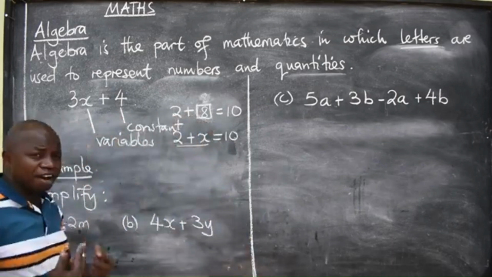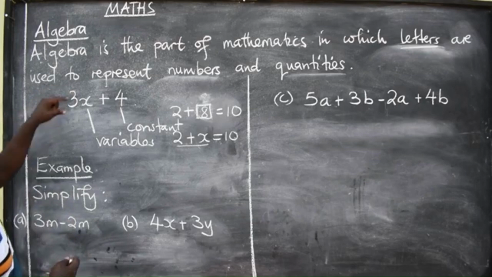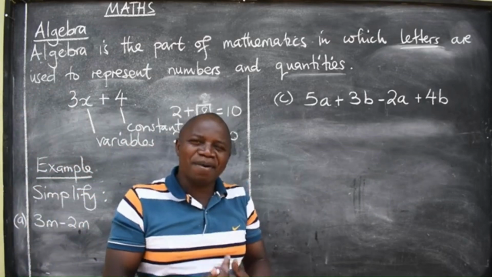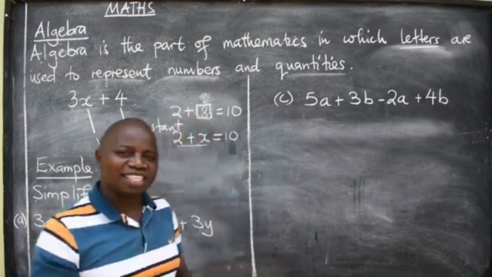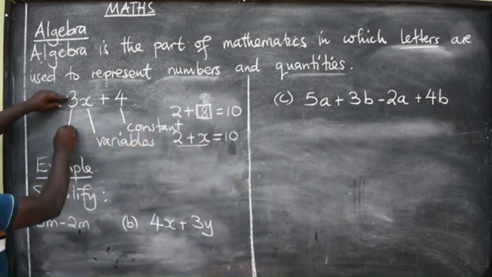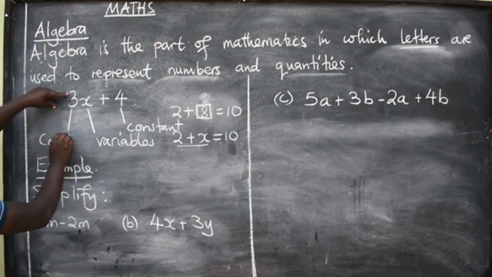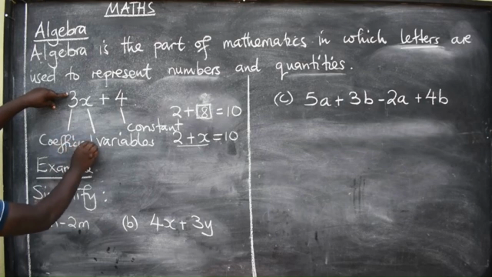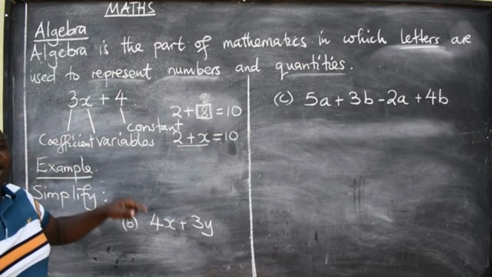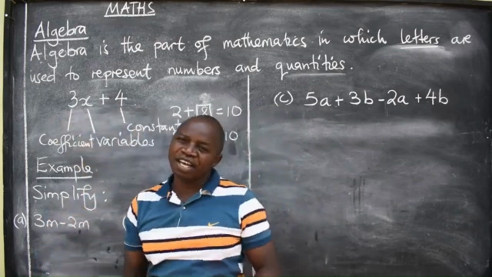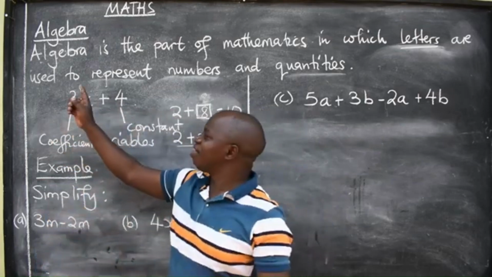So these are variables. Then any number in front of a variable, like the 3 here, is called the coefficient. So when I ask what's the coefficient of x, you will be able to tell me, okay, the coefficient of x is 3.